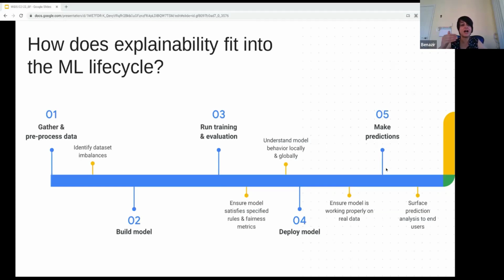When you make a prediction, you also consider how you surface the prediction analysis so the end user can make sense of it, such as feature importance, which feature was most influential in making a particular prediction, so that it's transparent to your end user.